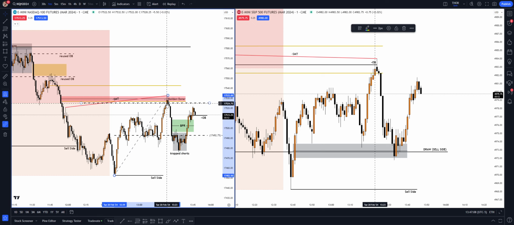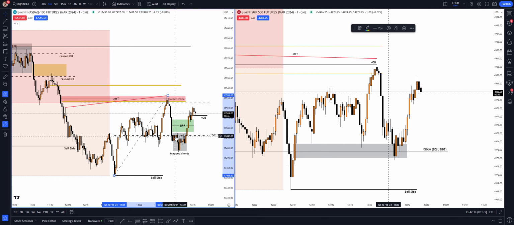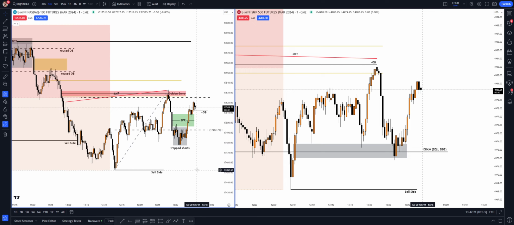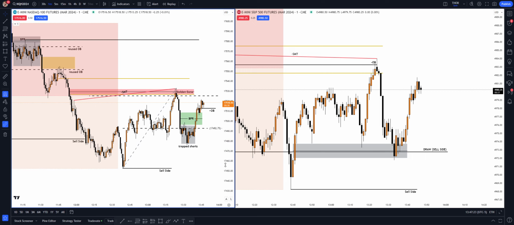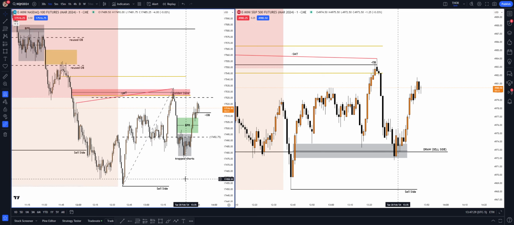I wouldn't be able to get in a short position in this leg. And then down here, since we are in a discount already, there's no reason for me to short this BPR. It wasn't worth the risk.